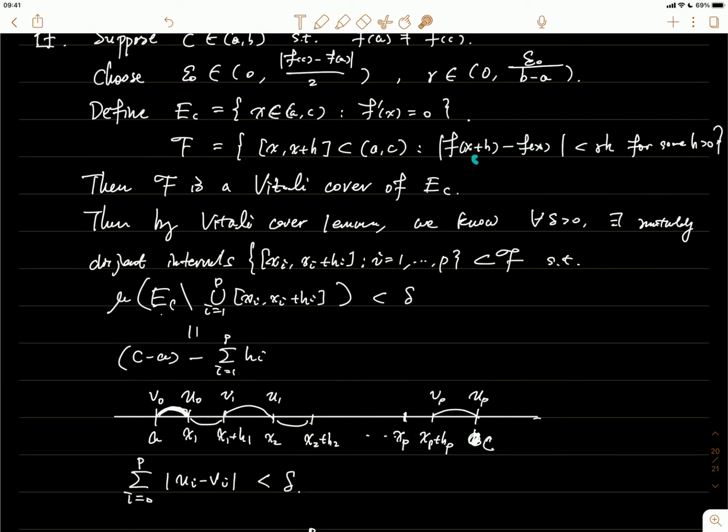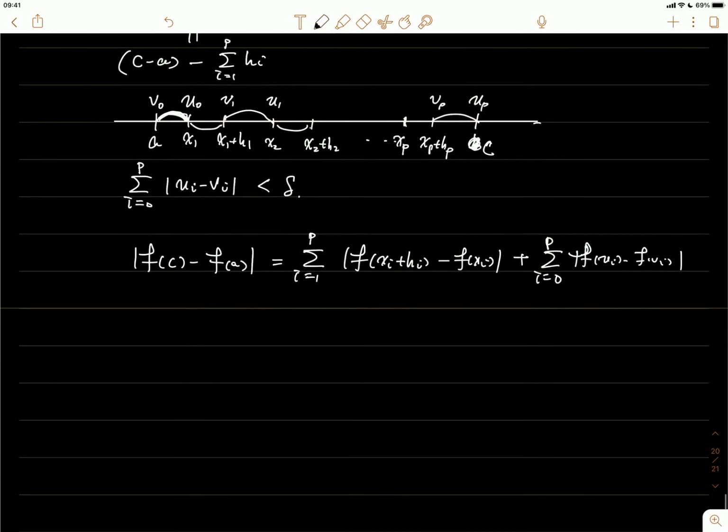So with the x_i plus h_i, either from the Vitali cover F here, they satisfy this. So that means this is less than or equal to the sum of r h_i, i from 1 to p, plus the rest, which I shall keep here.